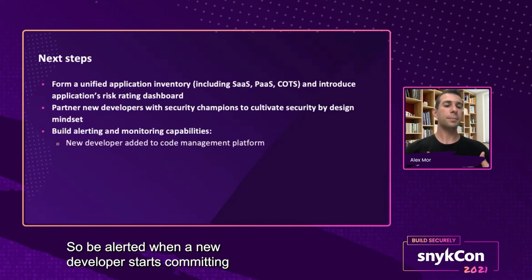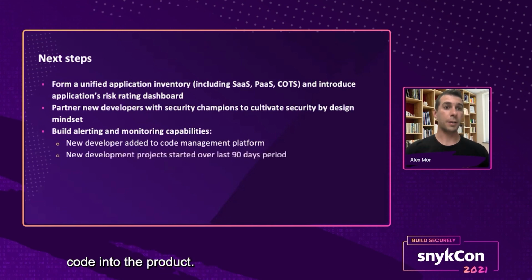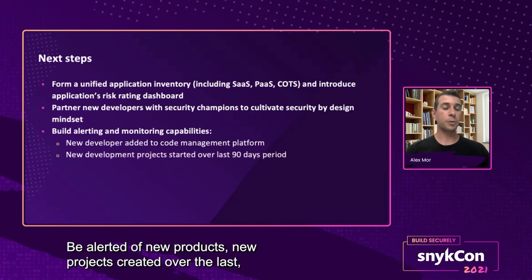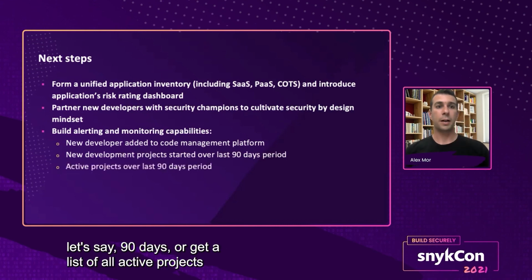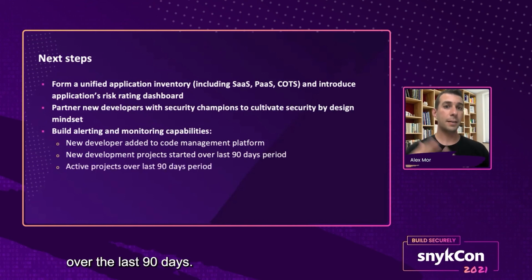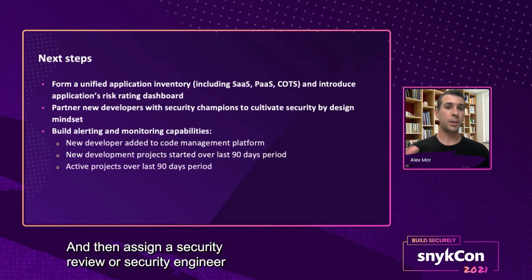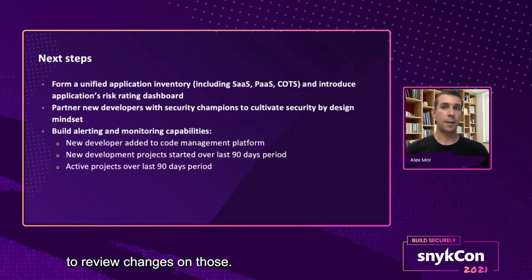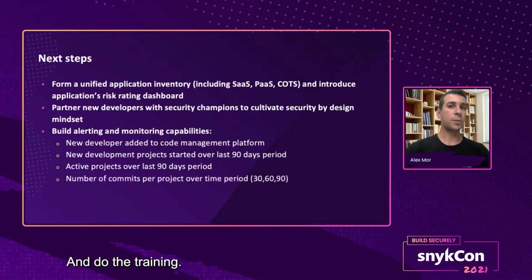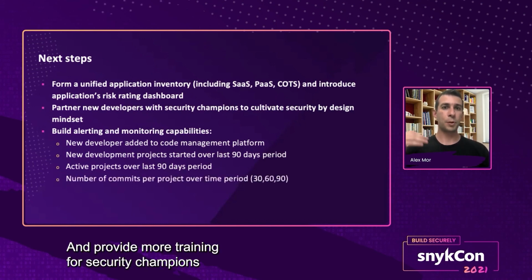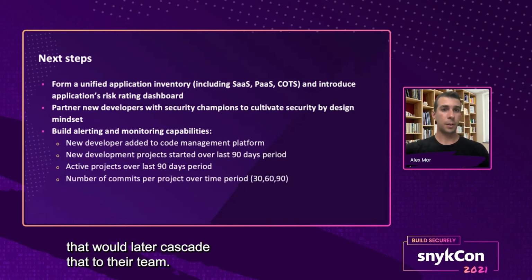So be alerted when a new developer starts committing code into the product. Be alerted of new products, new projects created over the last, let's say, 90 days, or get a list of all active projects over the last 90 days, and then assign a security review or security engineer to review changes on those, and provide more training for security champions that would later cascade that to their team.